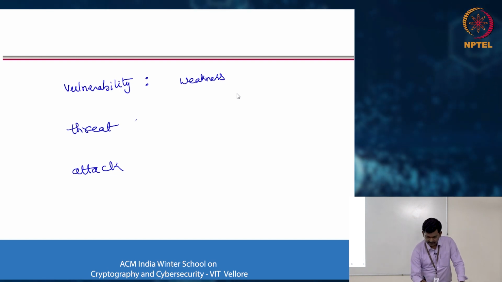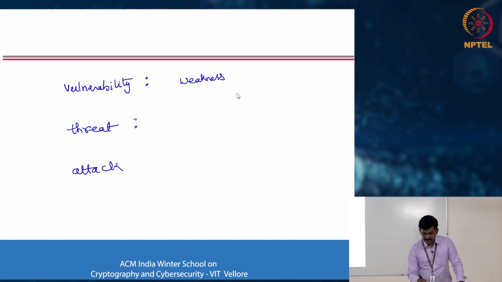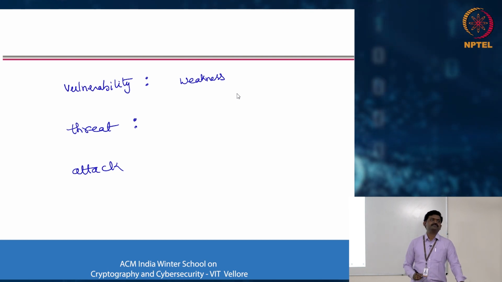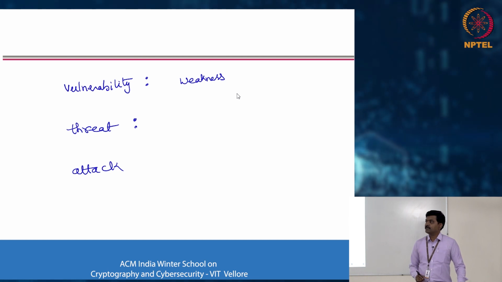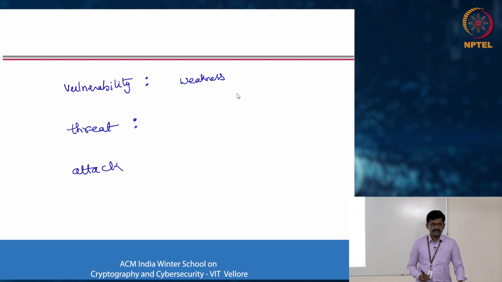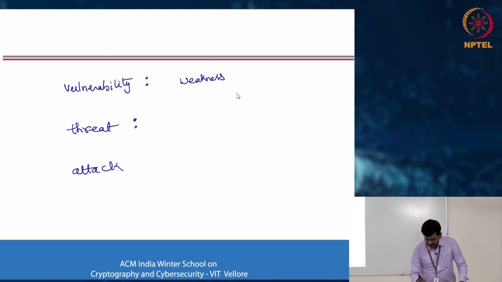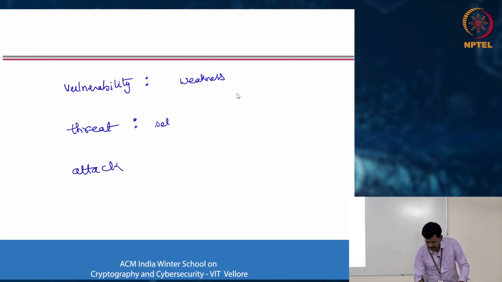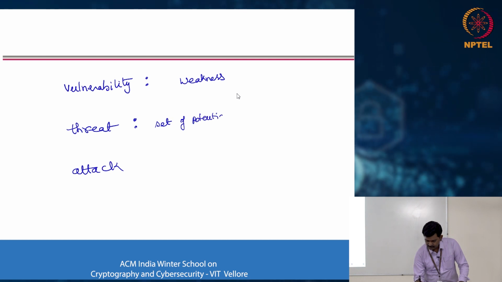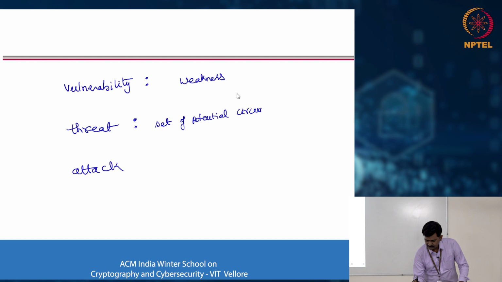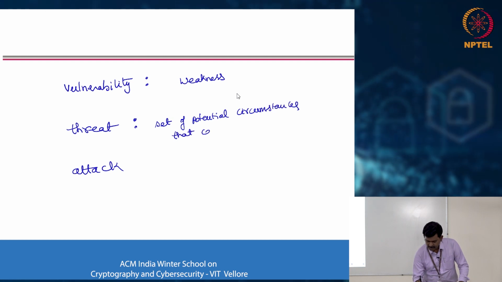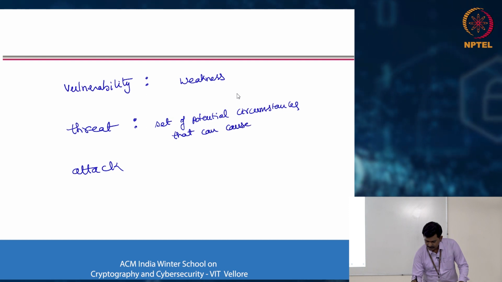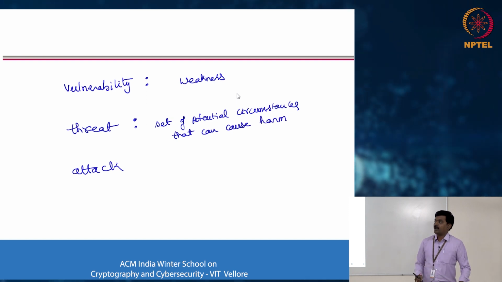What is a threat? Dangers, likelihood. So you can formally call it a set of potential circumstances that can cause harm.